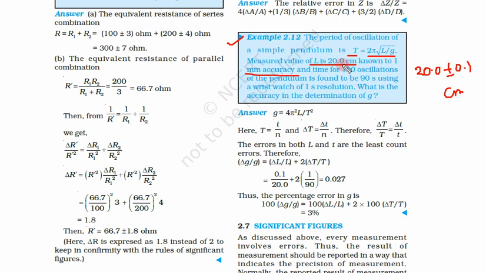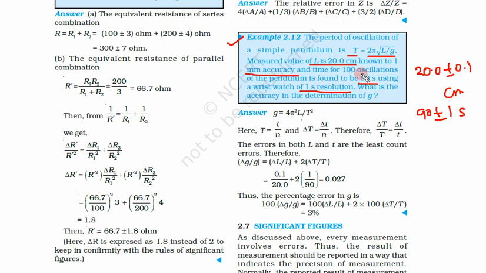Also we can see this last digit. Last digit is always uncertain. And the time for 100 oscillations of the pendulum is found to be 90 seconds, using a wristwatch, and this wristwatch has 1 second resolution. So this 90 second is equal to 90 plus minus 1 second.